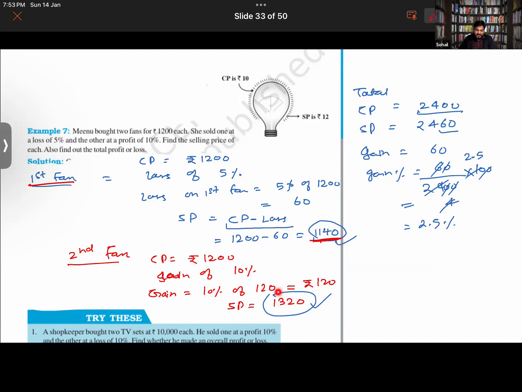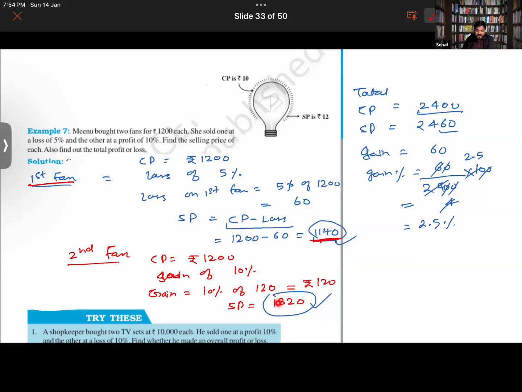See, for the first fan there was a loss of 5%. 5% out of 1200 means 60 rupees. So 60 rupees का loss हो रहा है. So selling price will be cost price minus loss, that is 1140. So इस price पर sell किया गया वो fan. On the second fan he is getting a 10% gain.